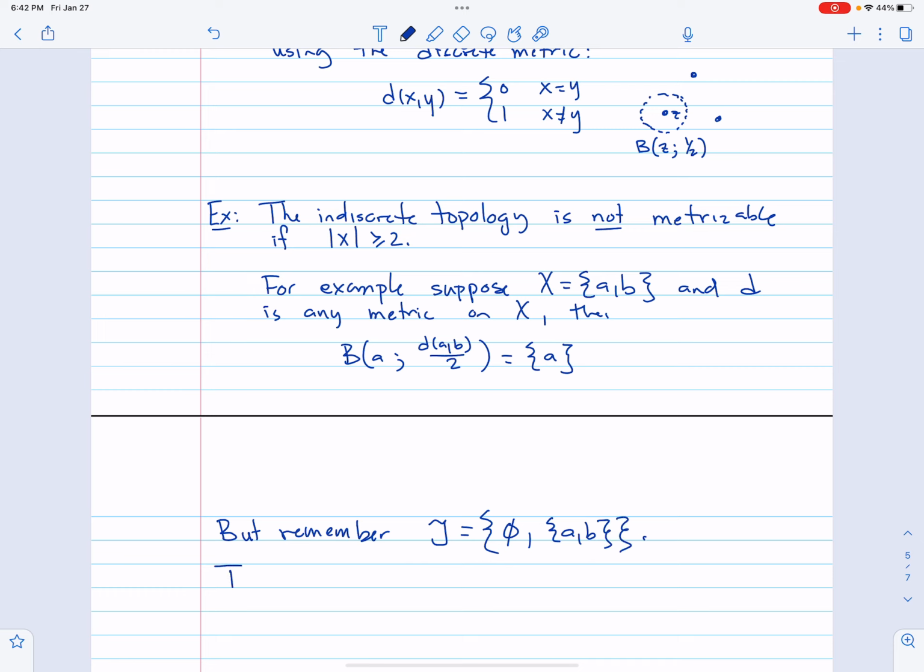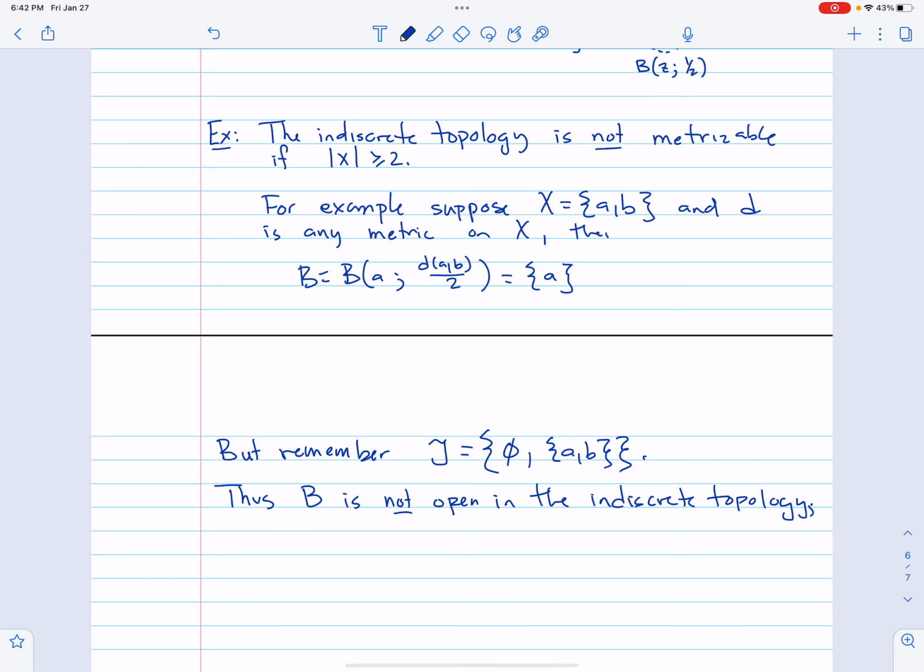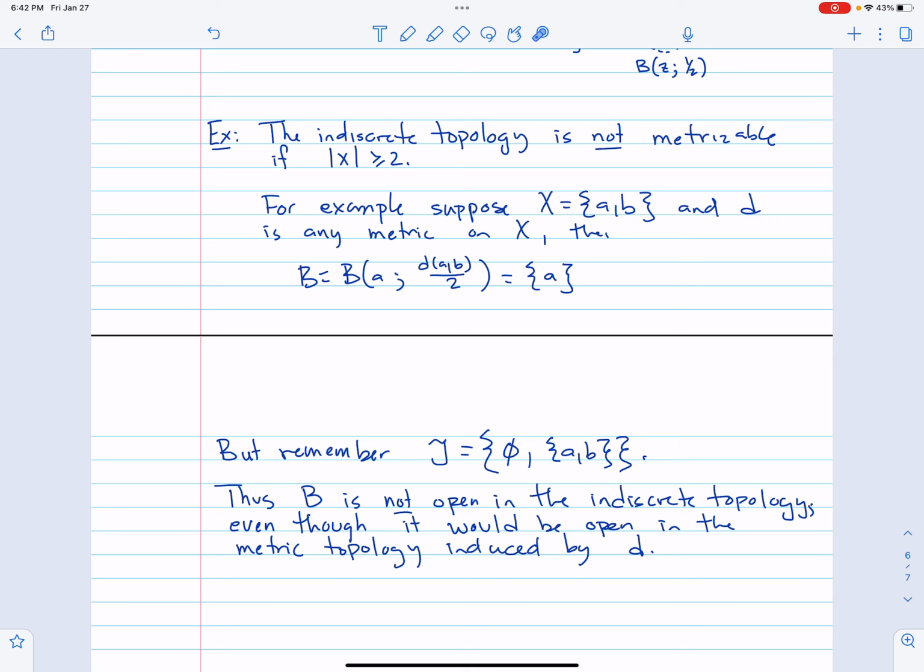So this open ball, which we'll call B, is not open in the indiscrete topology, even though it would be open in the metric topology induced by D. So this is an example of a topology, the indiscrete topology, that definitely does not come from a metric.